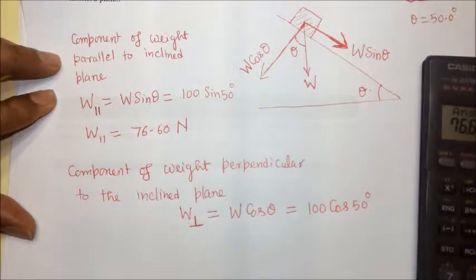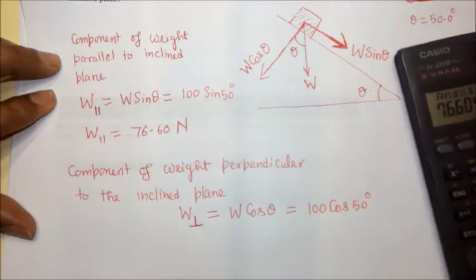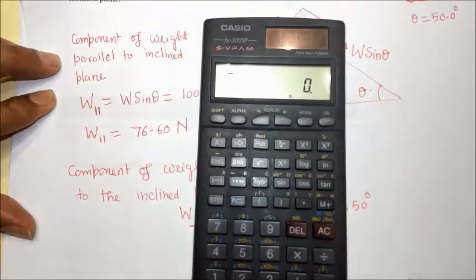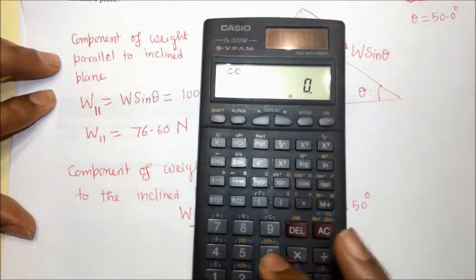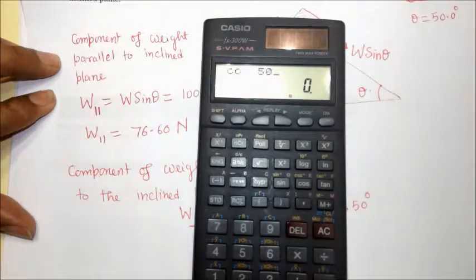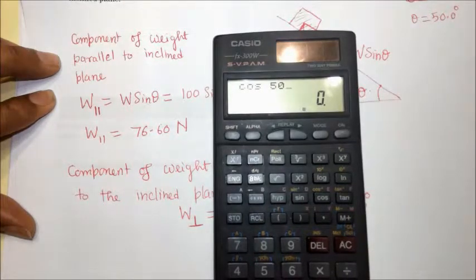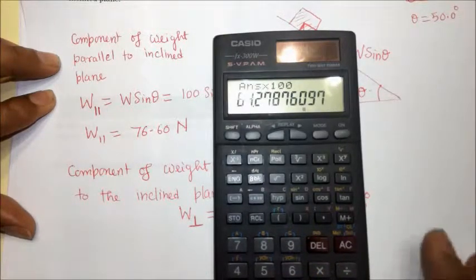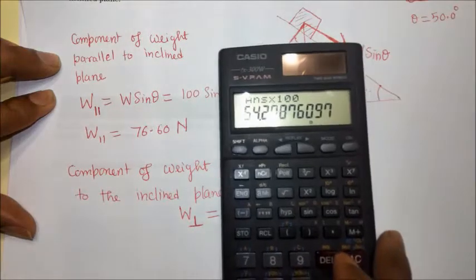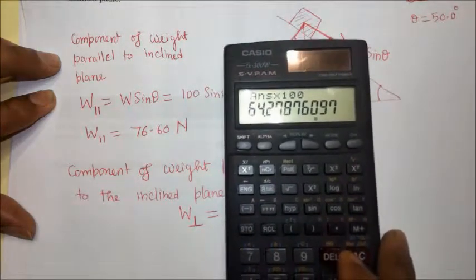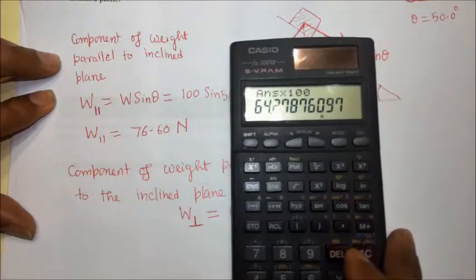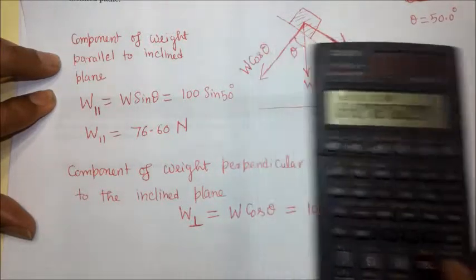Now let's find out what 100 cosine 50 is. Cosine 50 times 100 equals 64.27.